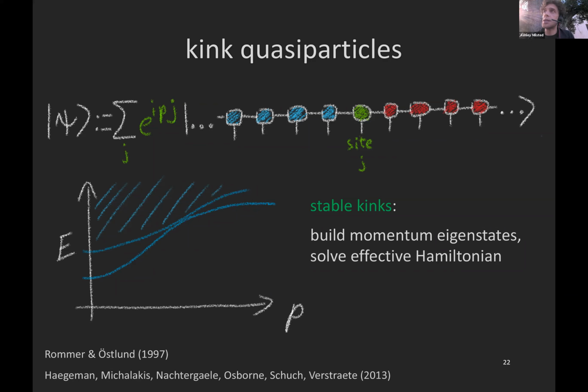So yes, we can actually find multiple eigenstates of that effective Hamiltonian. We're not limited to the ground state. You can run it through some sort of sparse eigenvector solver, and you get a series of eigenstates. So the lowest one will represent the lowest energy kink excitation, and then the next highest one will represent the next. I should clarify that this ansatz for excitations is only good for excitations that really are quasiparticles.